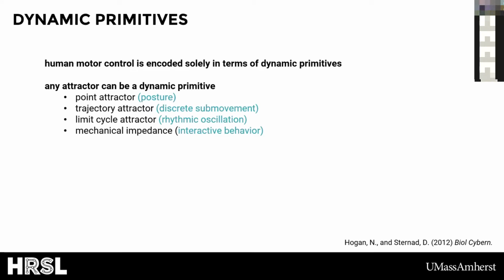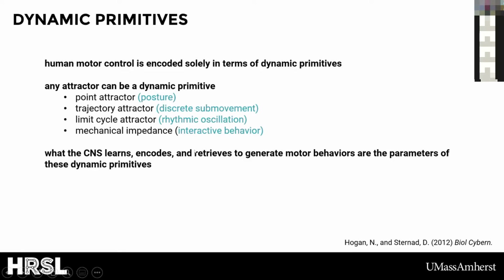I should also note that these forms of dynamic primitives are not unlike the DMPs, or dynamic movement primitives, that have been discussed earlier, worked on extensively by Stefan Schaal's group.